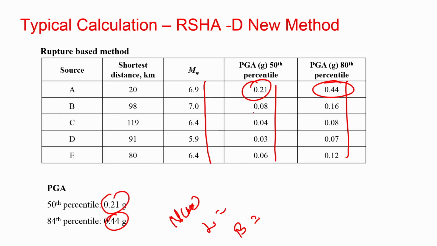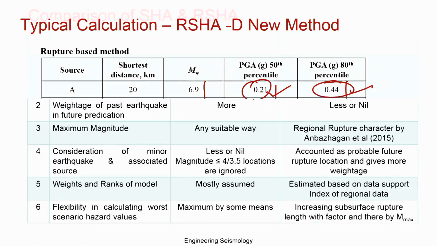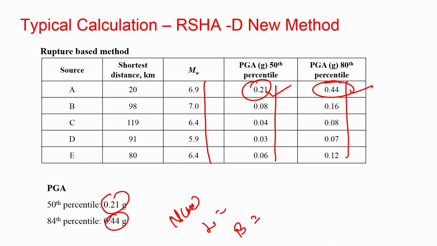Here you can see that even though the same source is considered, the PGA values are completely different, because this PGA value indicates a rupture potential in the region, which is not accounted for in the conventional way. And the GMPs are selected systematically, which also changes the value, because in the conventional DSHA I selected based on experience, but in the rupture based one I selected based on regional data.